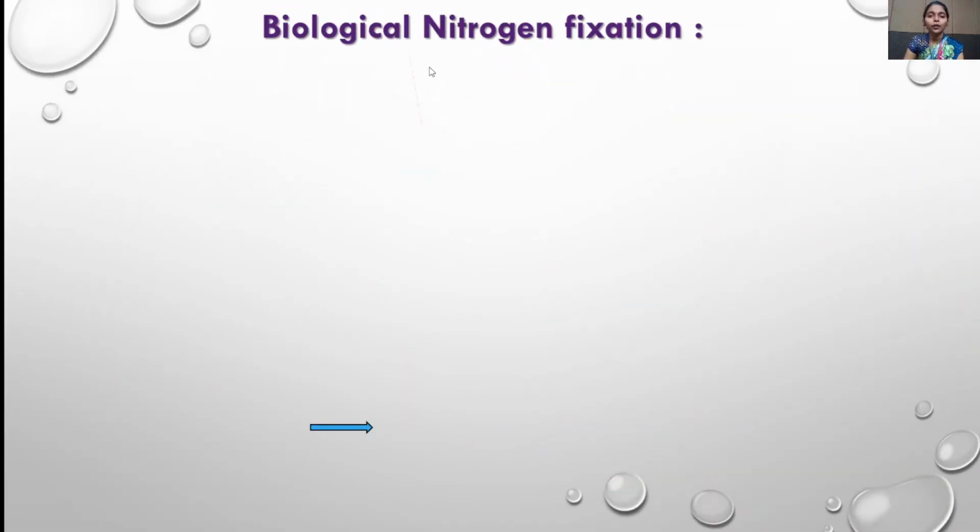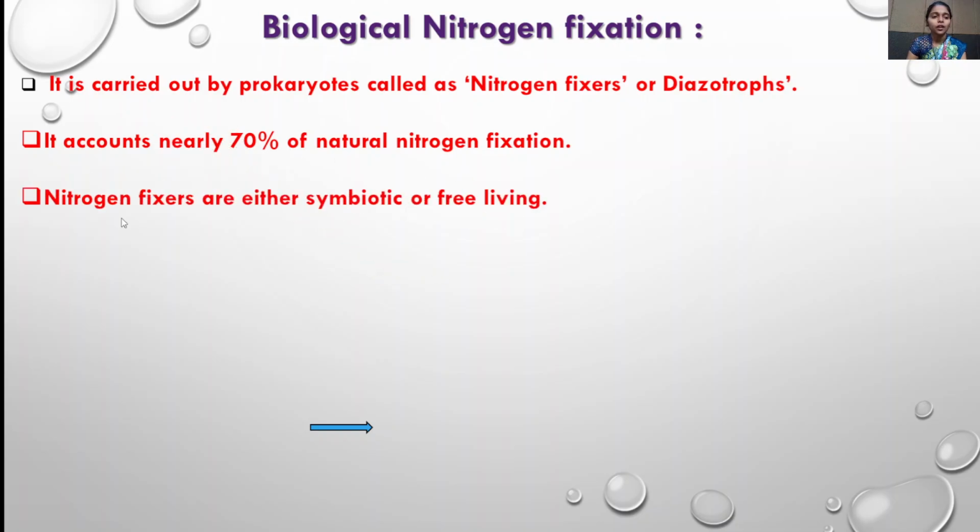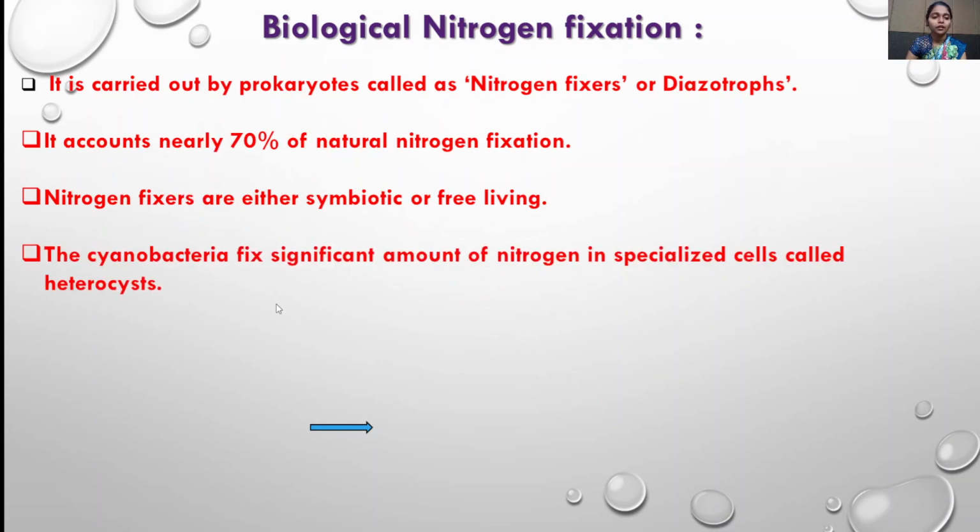The biological nitrogen fixation is carried out by prokaryotes called nitrogen fixers or diazotrophs. It accounts for nearly 70% of natural nitrogen fixation. Nitrogen fixers are either symbiotic or free-living. Cyanobacteria fix significant amounts of nitrogen in specialized cells called heterocysts.